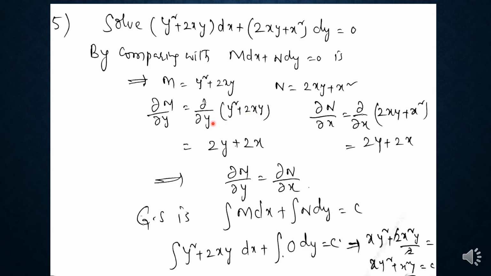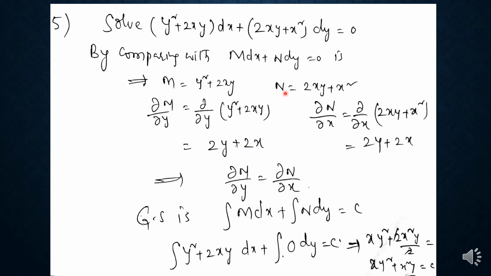So we can write dou by dou y of 2xy is 2x into, because 2x is the constant here, 2x into dou by dou y of y, that is 1. 2x into 1 is 2x. So here dou M by dou y is equal to 2y plus 2x. So this is the partial derivative of M with respect to y.